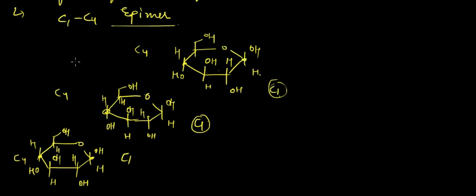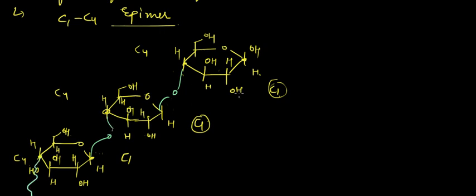Let's draw the linkage here. We'll have an oxygen atom. Dehydration, not dehydrogenation, takes place here between C1 and C4 to form an ether group here.